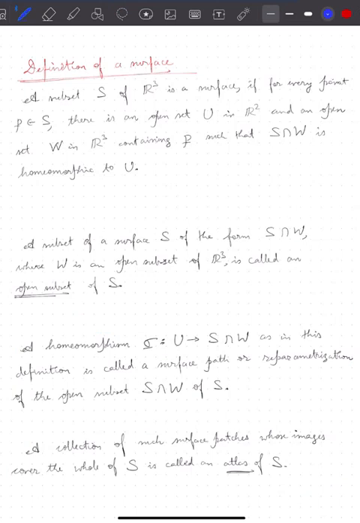Say we have R3, of course, and then we define a subset S. Let's say this is the entire R3 and this is the subset S. And there is a point P vector here, and corresponding to this, for every point P, there is an open subset U. Say this is in R2 space, which means that you have X and Y, and you have some region, say U. Right?